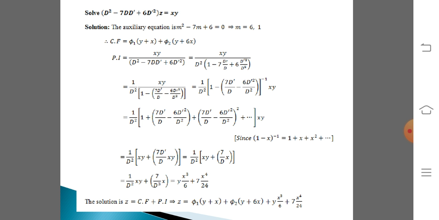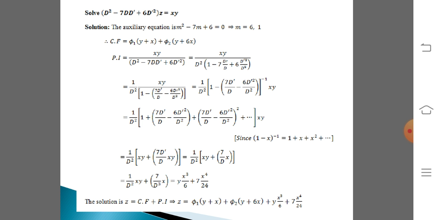So only the first order derivatives are non-zero. All the higher derivatives become 0. If you differentiate xy twice with respect to x partially or with respect to y partially, the value is 0. Okay. That is why the remaining terms are becoming 0. We have only two non-zero terms, namely xy plus 7 D dash by D xy. That is all. All the other terms are becoming 0.